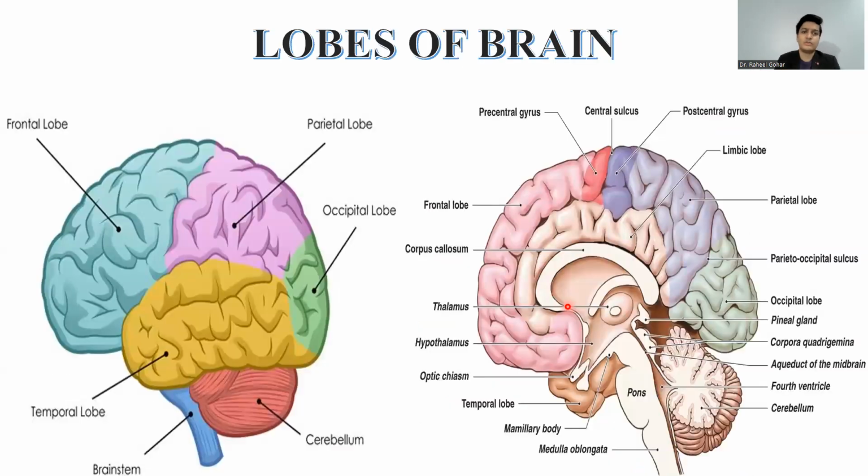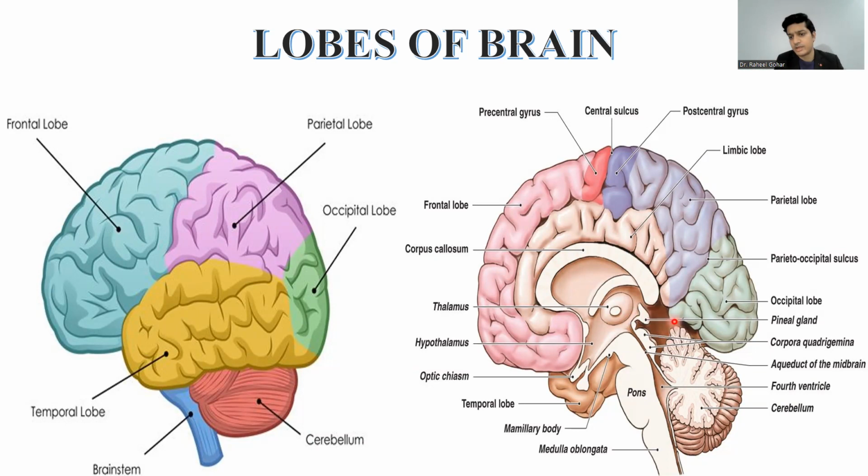So moving towards the lobes of the brain, we all know that the cerebrum is divided into the frontal lobe, the parietal lobe, the temporal lobe, and the occipital lobe, and then we have the brainstem and the cerebellum. Now, regarding the tentorium cerebelli, there is a fold of dura which divides the intracranial cavity into supratentorial and infratentorial compartments.